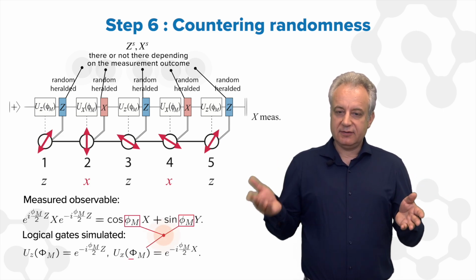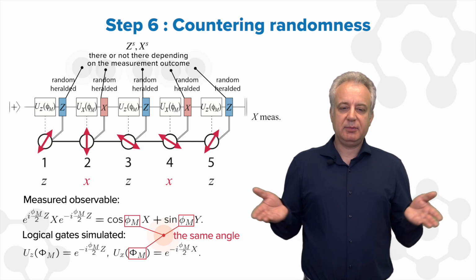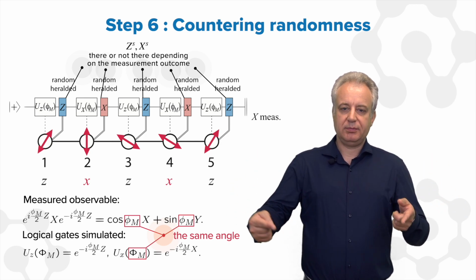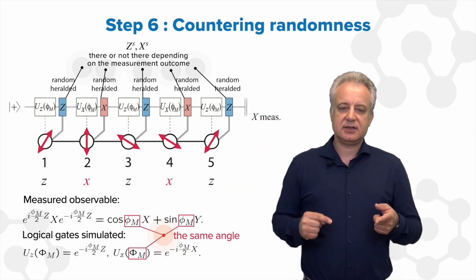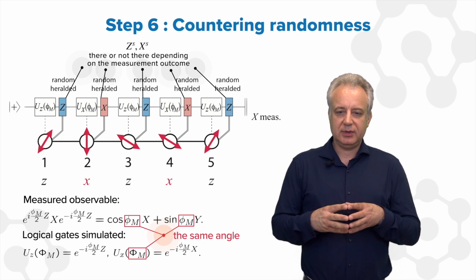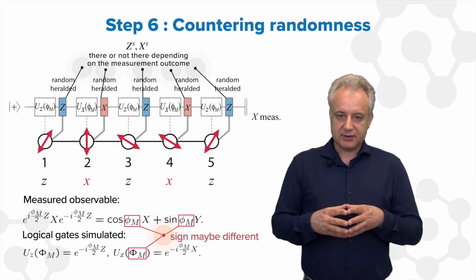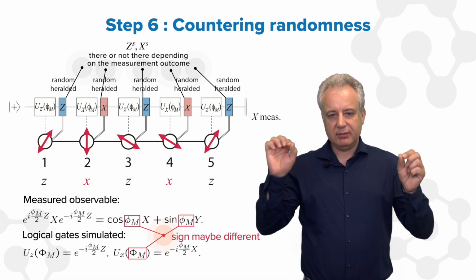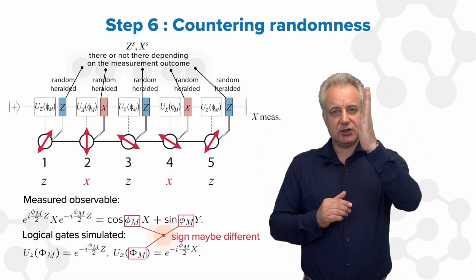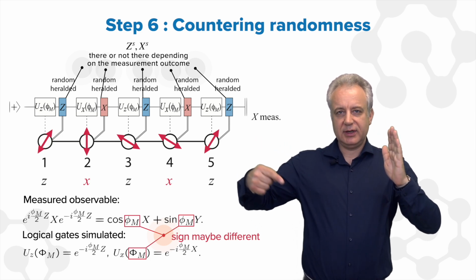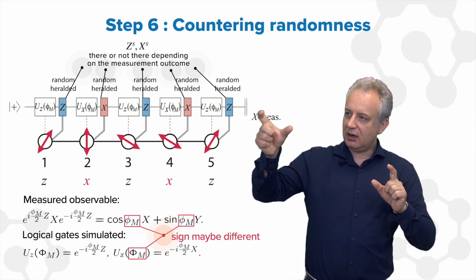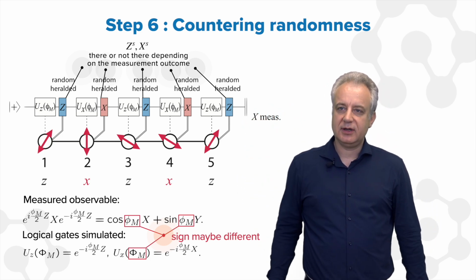They are related in a very simple fashion, namely they are the same. But to that sameness, there's a tiny correction: the sign may be flipped. And that is the effect that we are going to talk about. But for now, remember, the choice of the measurement basis determines the angle of the logical rotations that we are implementing.